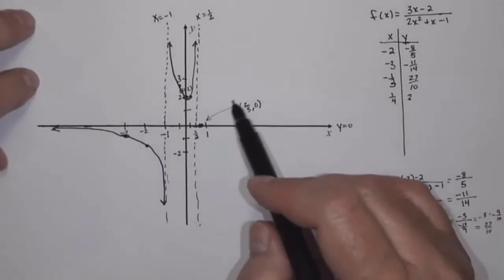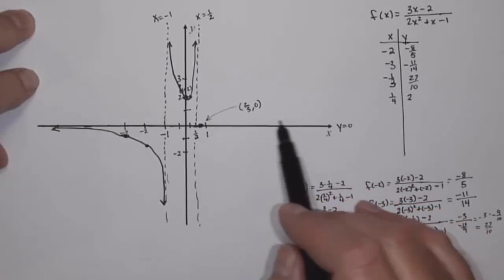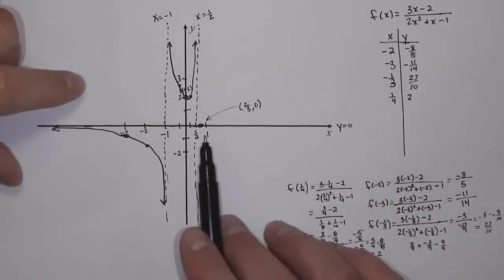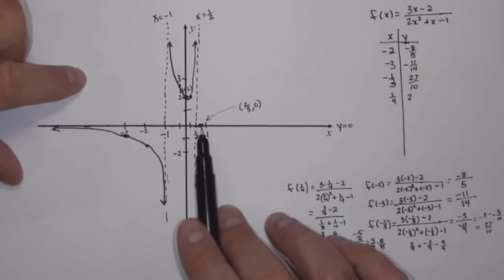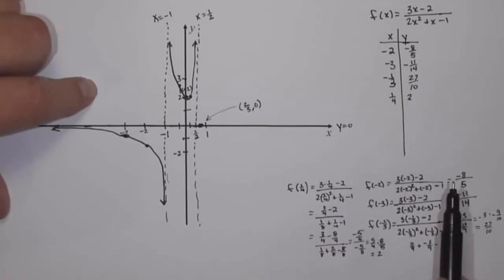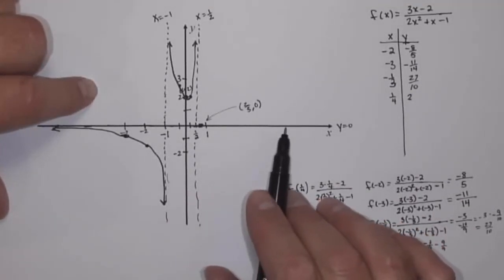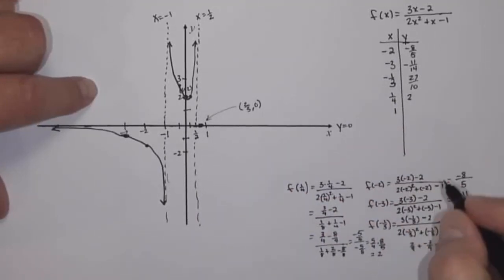So last but not least, I need to figure out what's happening over here. So I know I have an x-intercept at 2/3. So I just need to find another point or two maybe on this side. So if I were to plug in, say, 1.